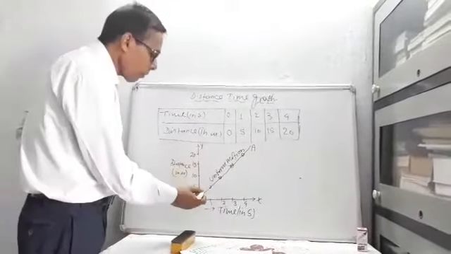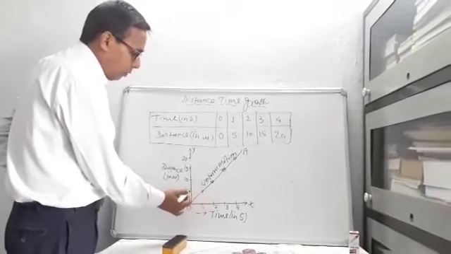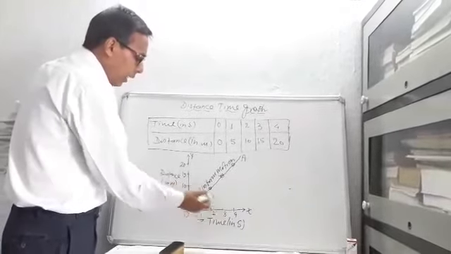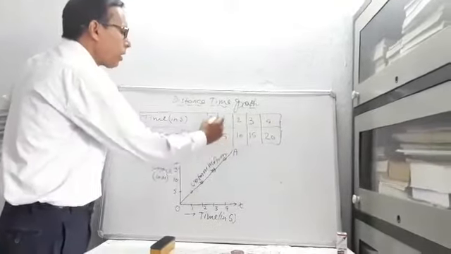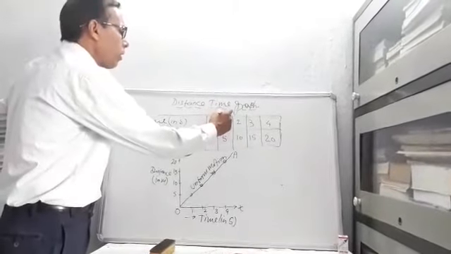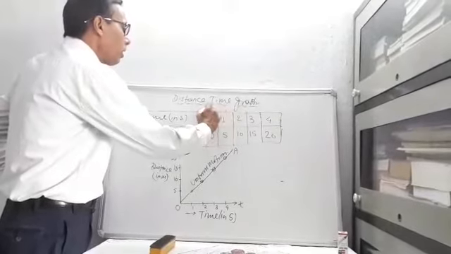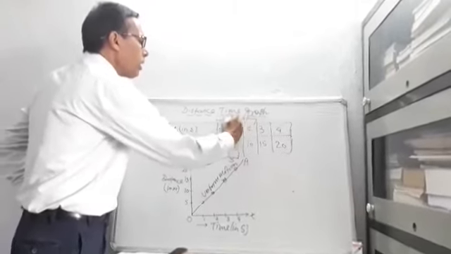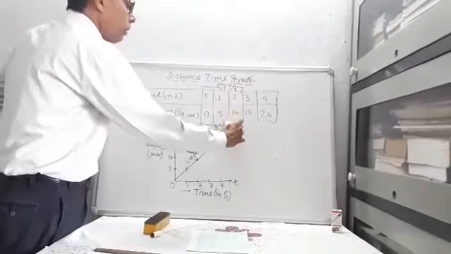It is the graph of uniform motion, because in 1 second the car or body travels 5 meter, in 2 seconds 10 meter, in 3 seconds 15 meter, in 4 seconds 20 meter. Here you can also show that final time minus initial time, 1 minus 0, that is in 1 second the car travels 5 meter. 2 minus 1, 1 second, the car travels 10 minus 5, 5 meter.